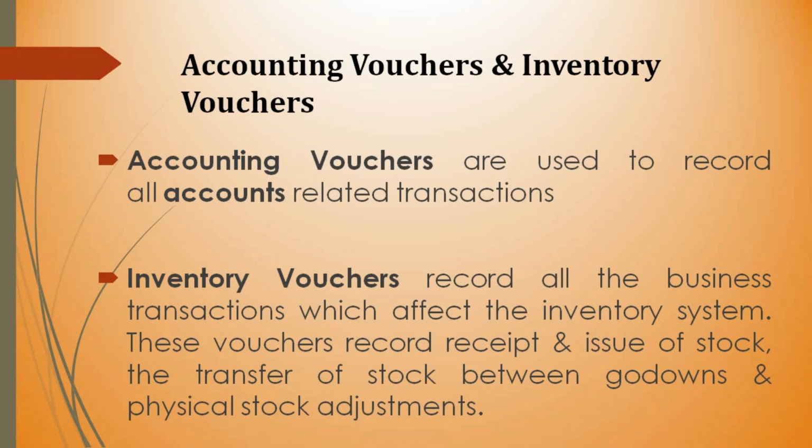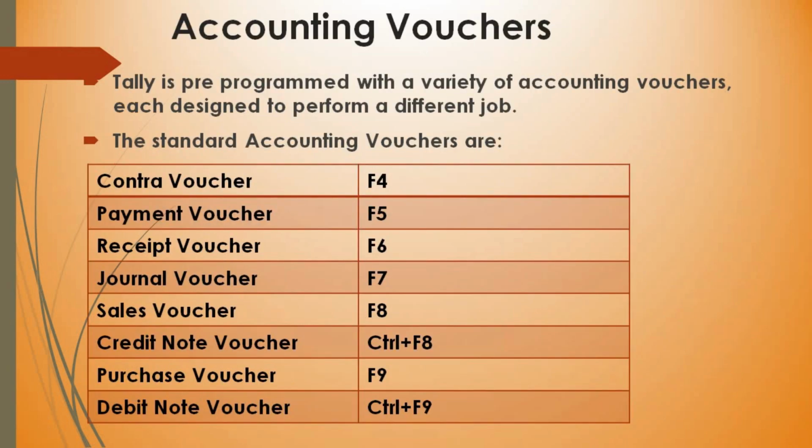Inventory vouchers record all the transactions that affect the inventory system. Examples: receipt and issue of stock, the transfer of stock between godowns, and physical stock vouchers. All these will be entered in inventory vouchers.